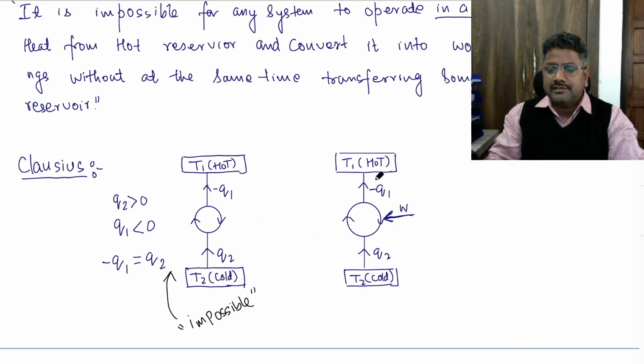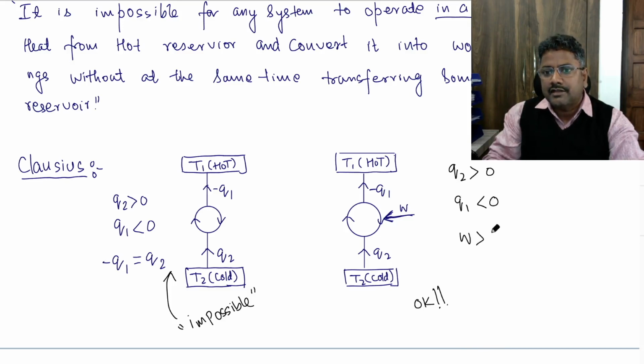Now see, this seems to be okay. We are taking some heat from the cold reservoir, and we are doing some work on the system so that W can be converted into heat, and then it is possible to transfer the heat to the hot reservoir. So here Q2 is greater than 0, Q1 is less than 0, and W is greater than 0.